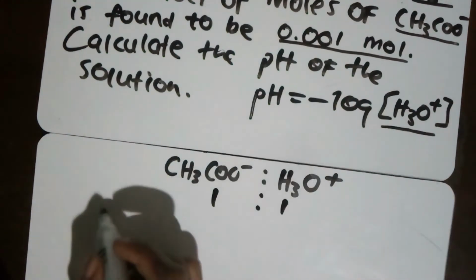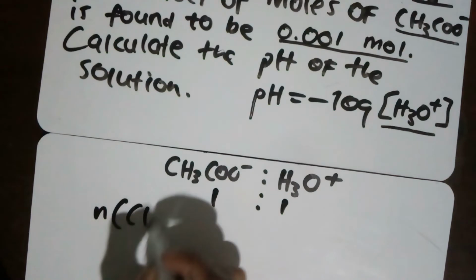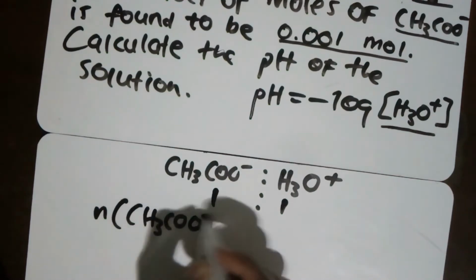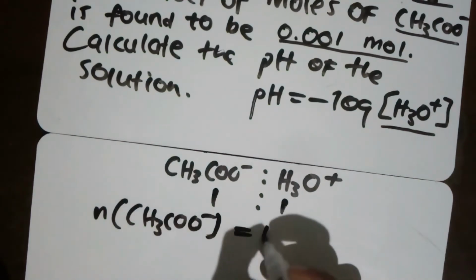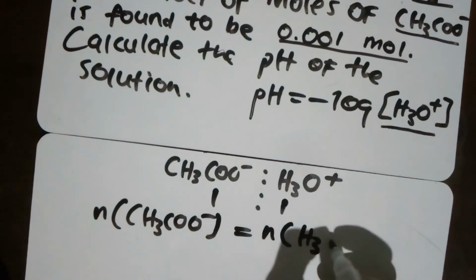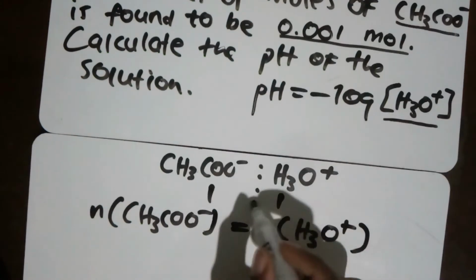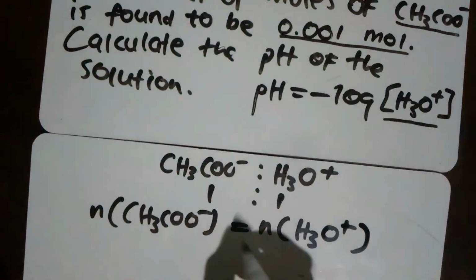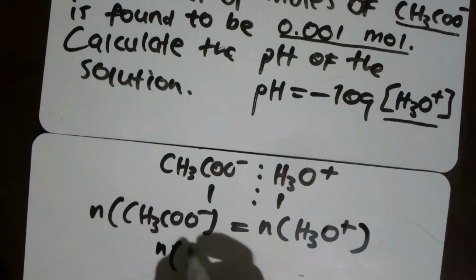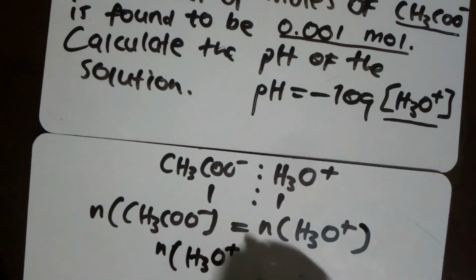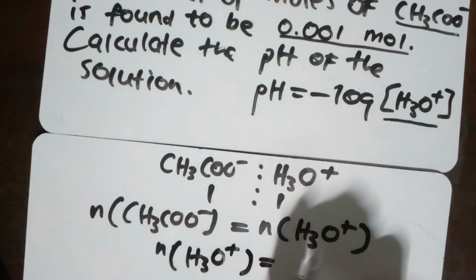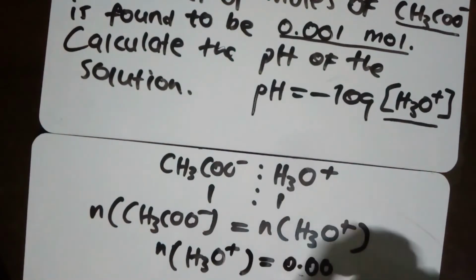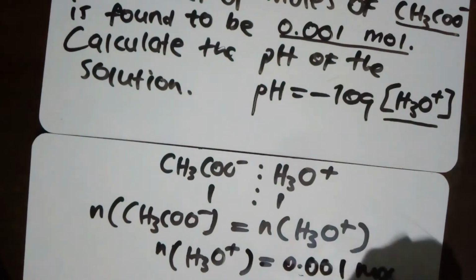What is this implying? This implies that the number of moles of CH3COO minus is equal to the number of moles of H3O plus, because the ratio is 1 to 1. For every one mole of this, there's one mole of that, right? Meaning that the number of moles of H3O plus, the hydronium ion, will also be 0.001 mole, right? Cool.